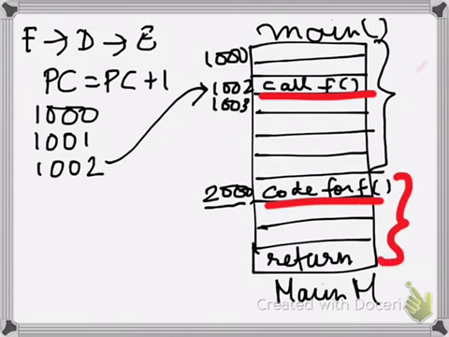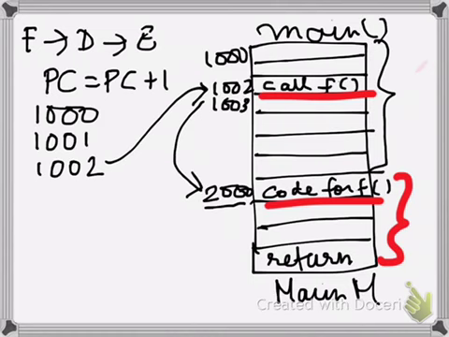So instead of incrementing the program counter by 1, it has to jump to address 2000. The point to be noted is that the value of the program counter is not always incremented by 1. It can also change because of function calls or subroutine calls, or because of execution of instructions which alter the sequence of execution.